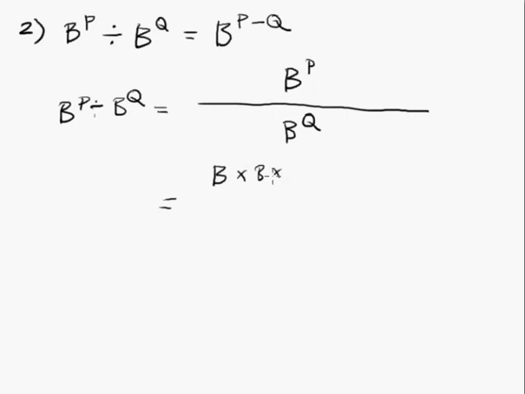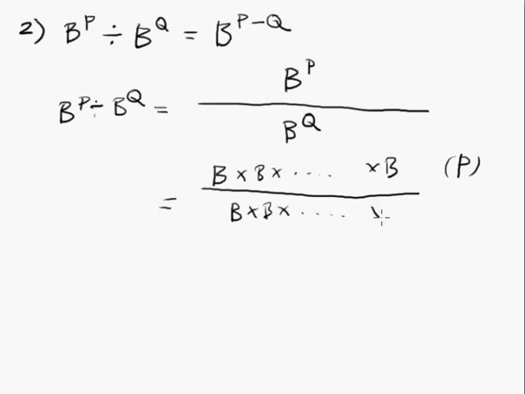That's b times b times b, that's p of them up the top there, divided by b times b, that's q of them there. So we can cancel out the b's. And how many b's can we cancel?